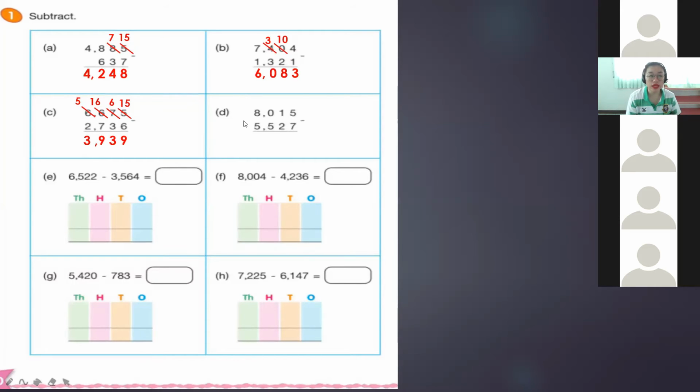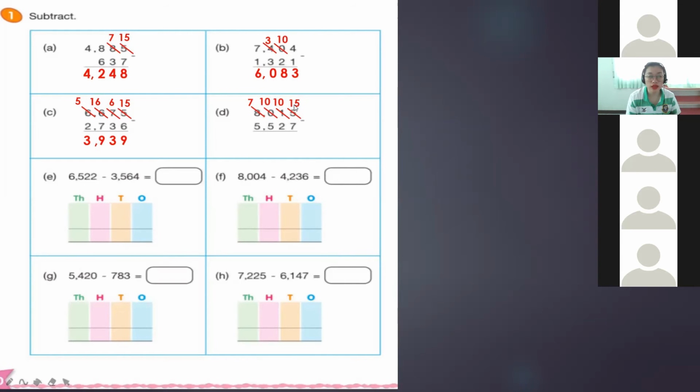On letter D, we have the numbers 8,015 minus 5,527. So again, the minuend is smaller, so we have to borrow from 1. So 1 becomes 0, 5 becomes 15. Okay, 0 is smaller than 5, so we have to borrow.